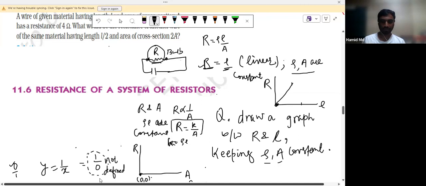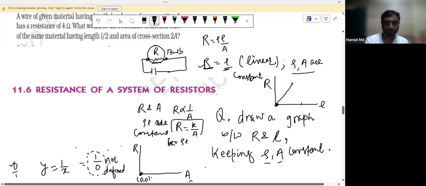Cannot divide by 0. Now I repeat, 0 by 1 is 0. So it's clear? Yes, sir. You guys were not aware of this. Okay, so it is not defined.